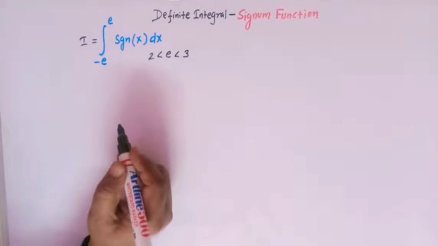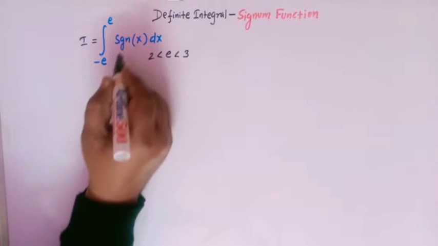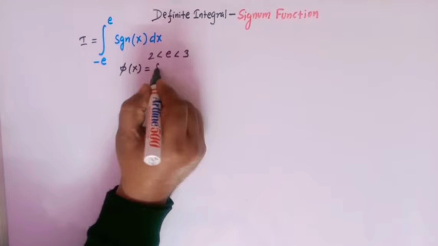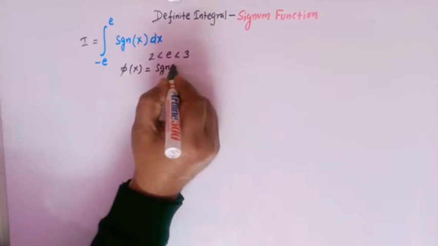Now here the integrand is, say, phi of x equal to signum of x.